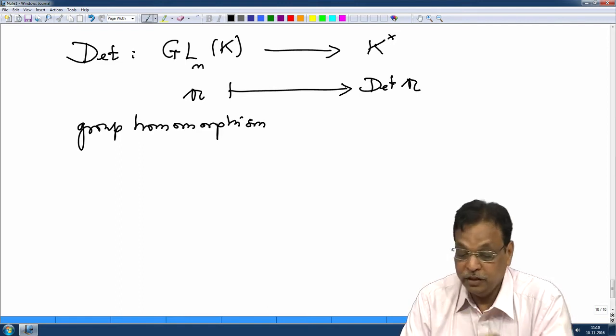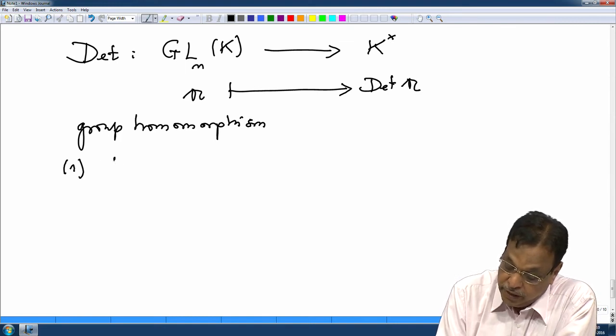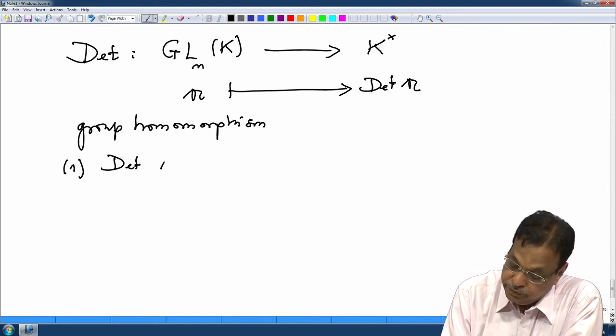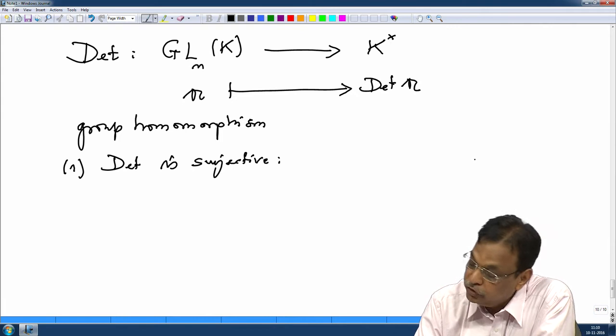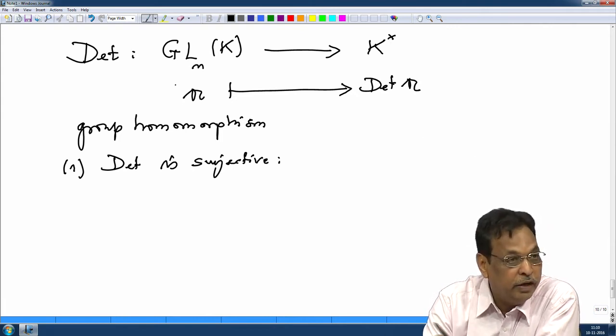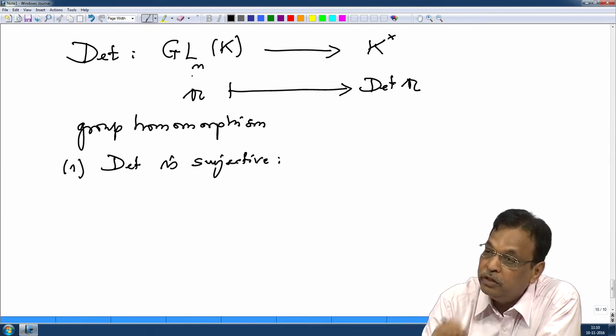So let us see in this case, first of all, this map is surjective, I say. This det map is surjective. So what do I need? Given any scalar, I want to find an invertible matrix whose determinant is that.